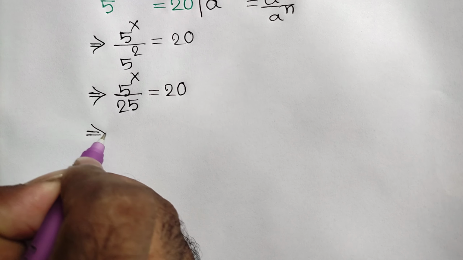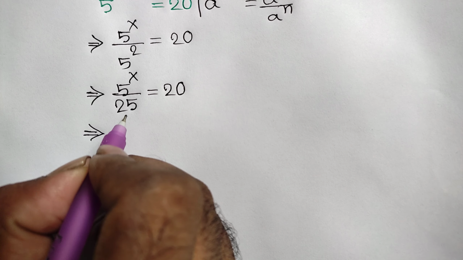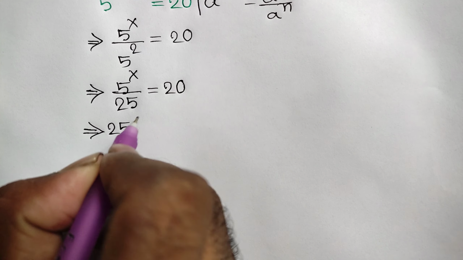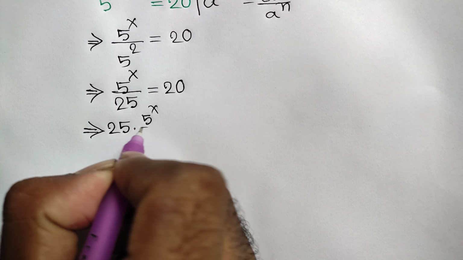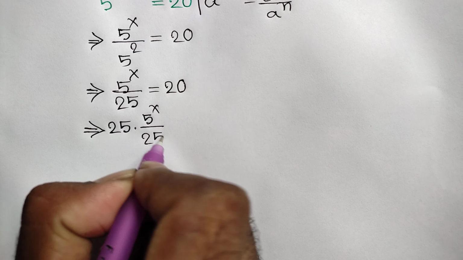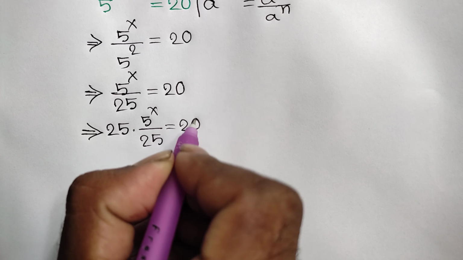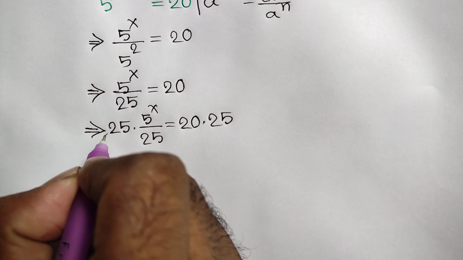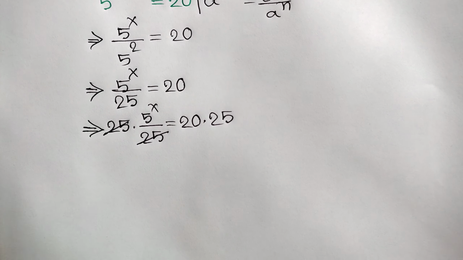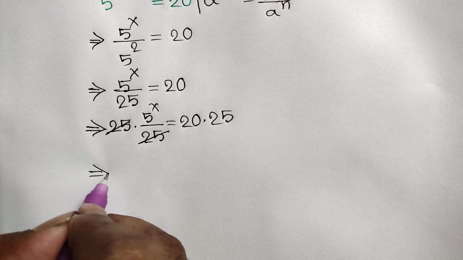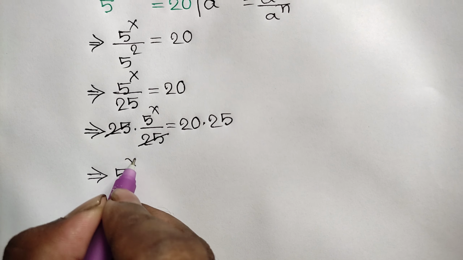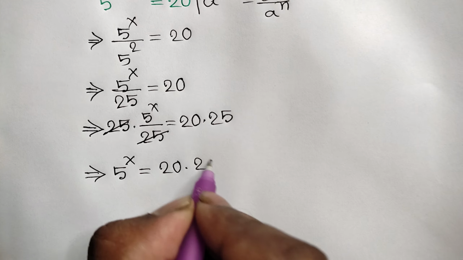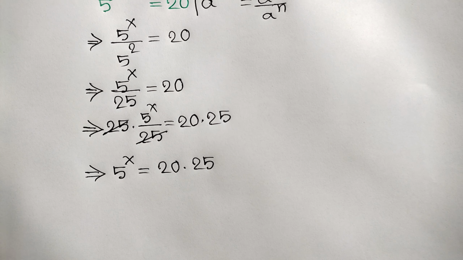Now multiplying both sides by 25, we can write 25 times 5 to the power x over 25 is equal to 20 times 25. Now this 25 cancels out this 25, so on the left-hand side we have 5 to the power x is equal to 20 times 25.